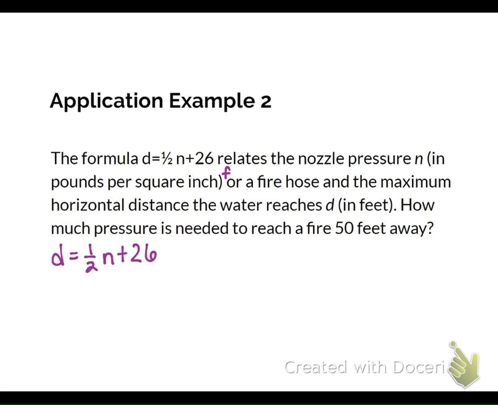And let's also make ourselves a little note. D stands for what? Well, it said the horizontal distance, or we'll just call it distance in this case. The distance that the water reaches. Okay, what about N? What does it stand for? That was towards the beginning. That's the nozzle pressure. Nozzle pressure.